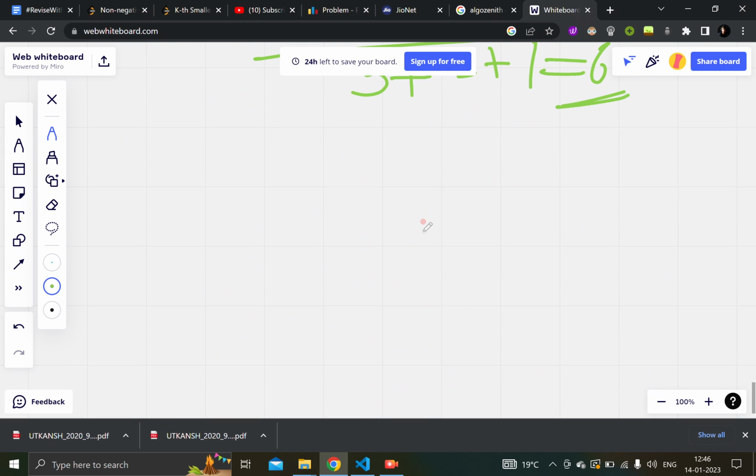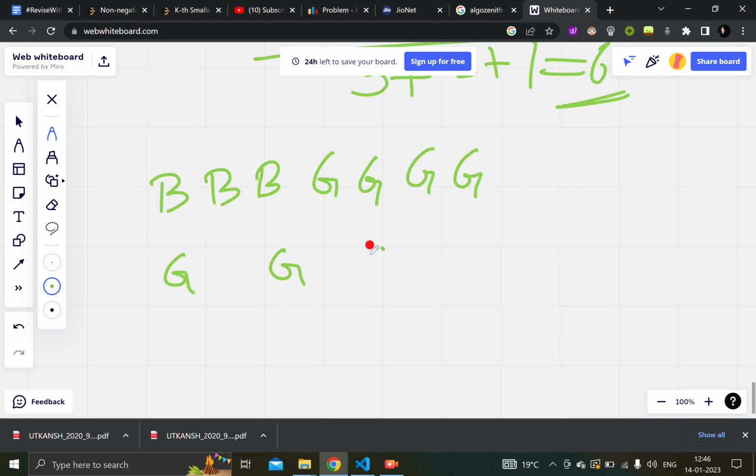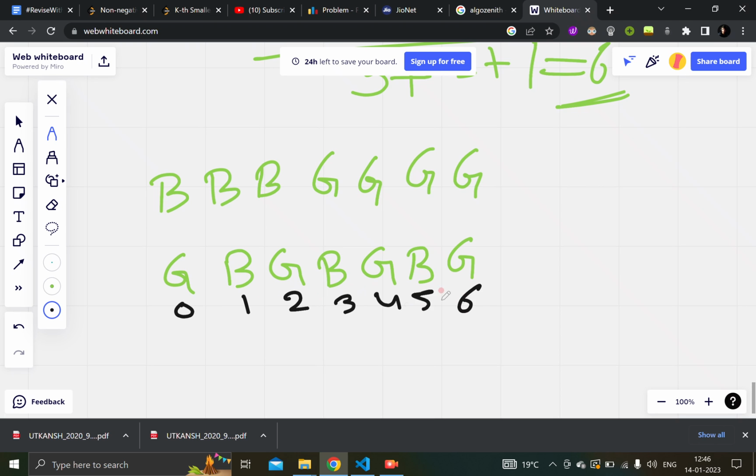So if we see clearly, if we have the number of girls in the majority, the final arrangement will look something like this. In boys, the indices are 0 1 2 3 4 5 6.